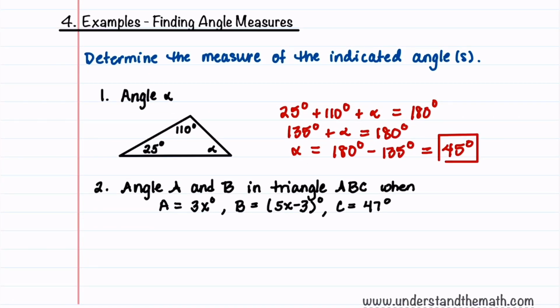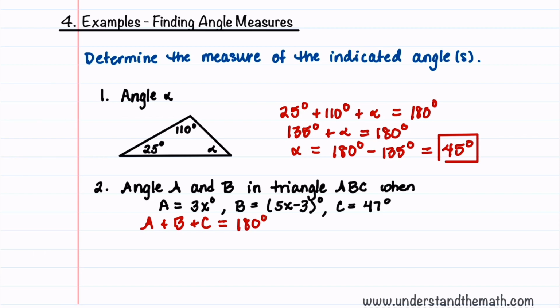In our second and last example, we have a triangle where angle A is 3x degrees, angle B is 5x minus 3 degrees, and angle C is 47 degrees. We'll begin like we did in our first example, and we'll write down the angle A plus angle B plus angle C is 180 degrees.